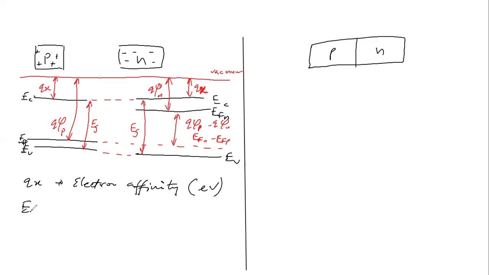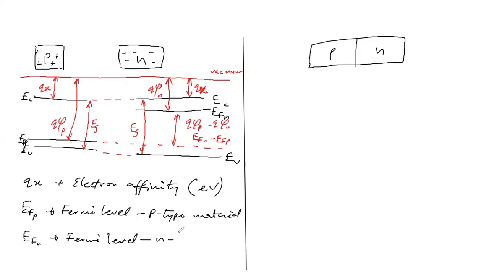And we know that EFP is the Fermi level for the p-type material. You can also call it the electrochemical potential of the p-type material, while EFN is the Fermi level for the n-type material. Okay, or better still, the electrochemical potential of the n-type material.